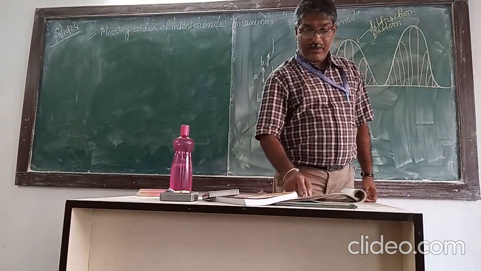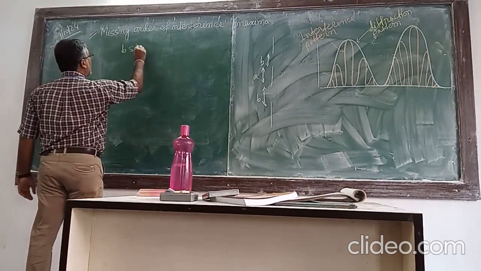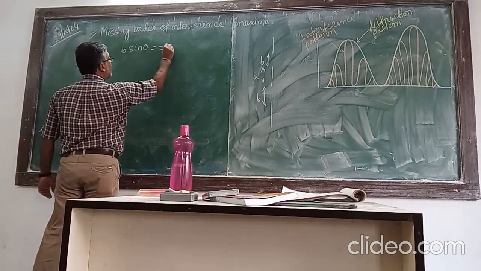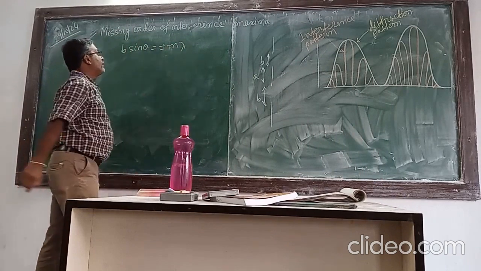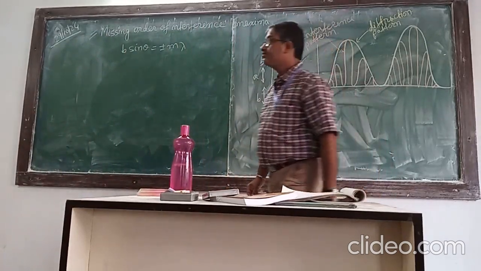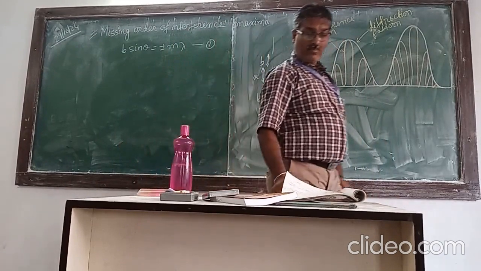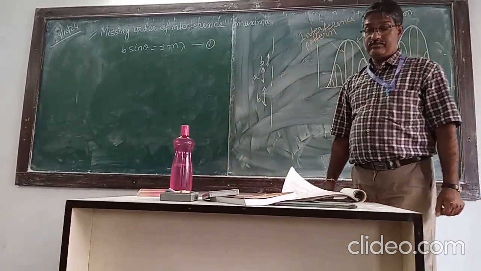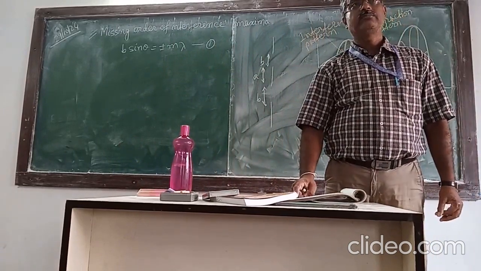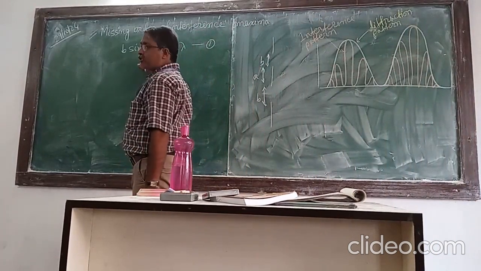Condition of diffraction minima: b sin theta equals plus or minus m lambda, number 1. You can see that if b is constant, then theta is also constant.